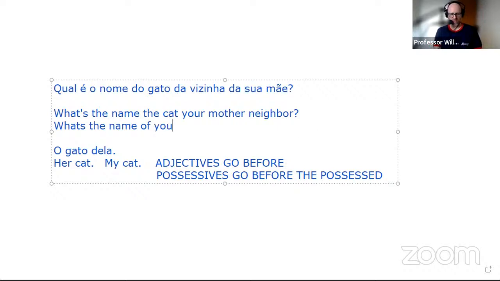Of your mom's, right? Então, a diferença entre os adjetivos possessivos e os substantivos possessivos é que nós temos her, my, your, their, mas aí nós vamos apóstrofo S, quase sempre com gente, quando é possessivo.